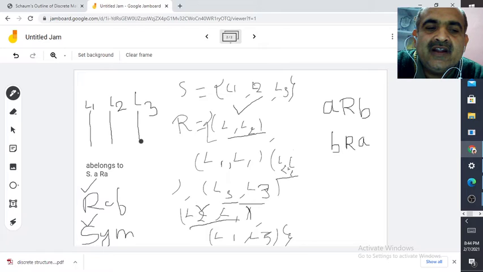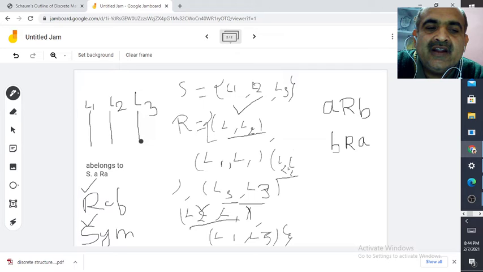We have all these three properties, reflexive, symmetric and transitive, so we can say that this relation is an equivalence relation. Don't get confused by these things. I have given one example. Suppose there are three lines L1, L2, L3 in the relation. Here (L1, L2) means L1 is parallel to L2. Next, (L1, L1) means L1 is parallel to L1, (L2, L2) means L2 is parallel to L2, and L3 is parallel to L3.